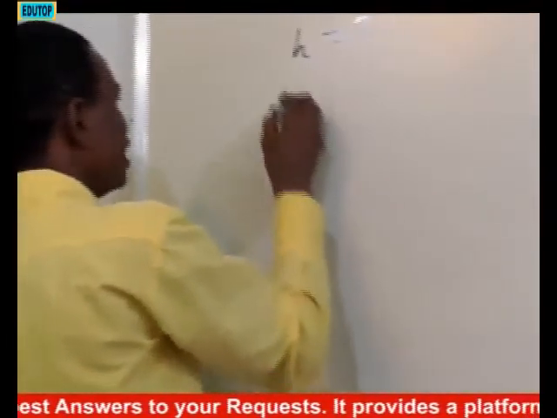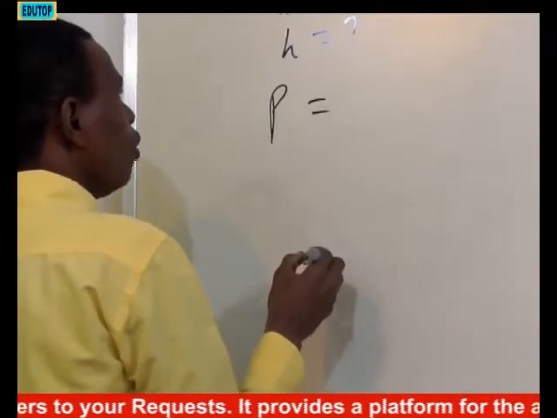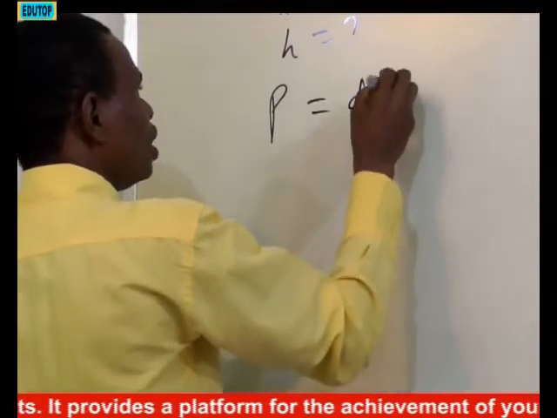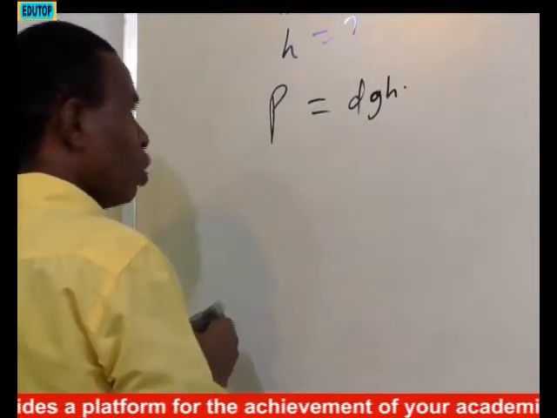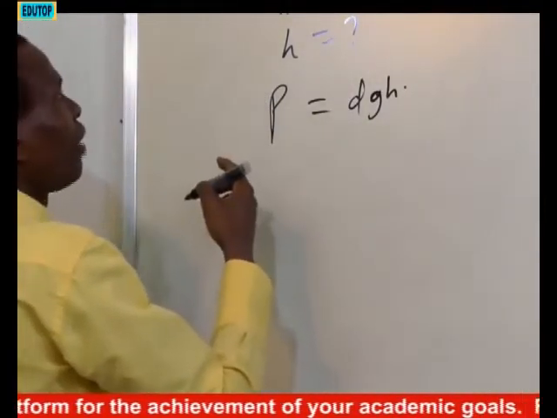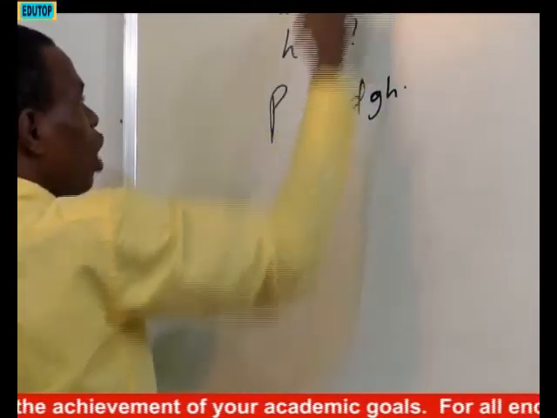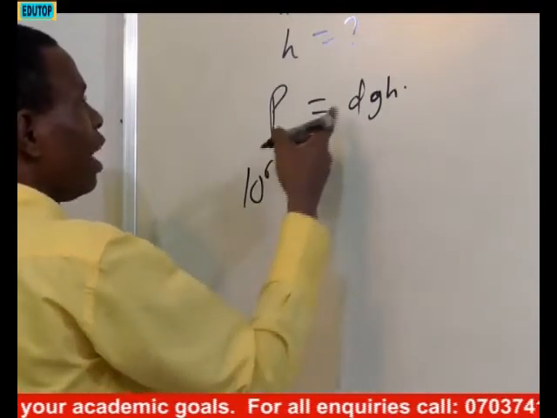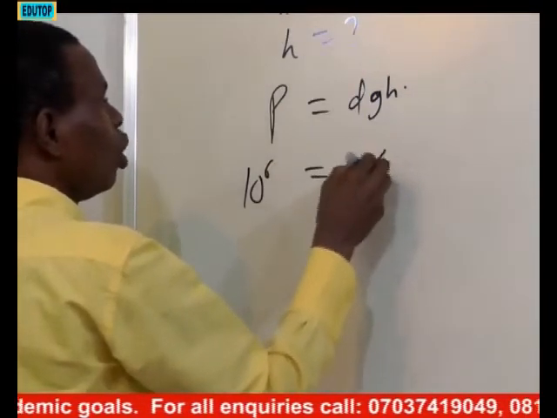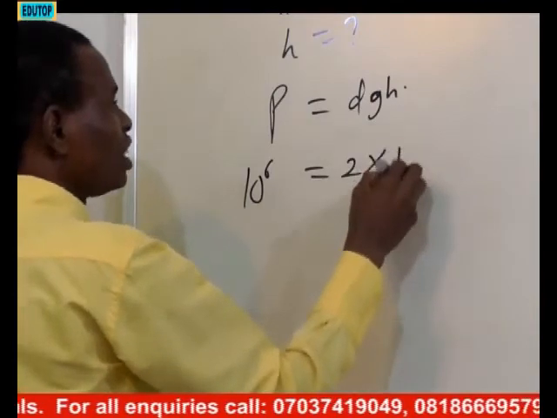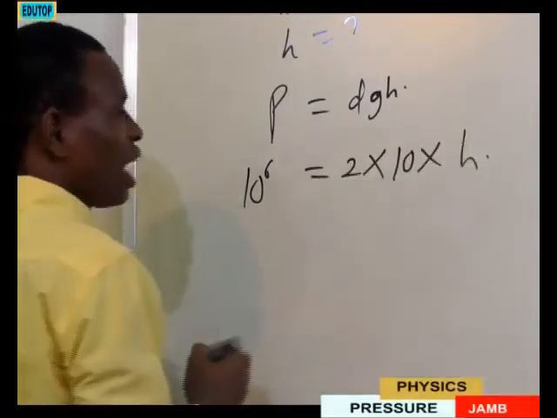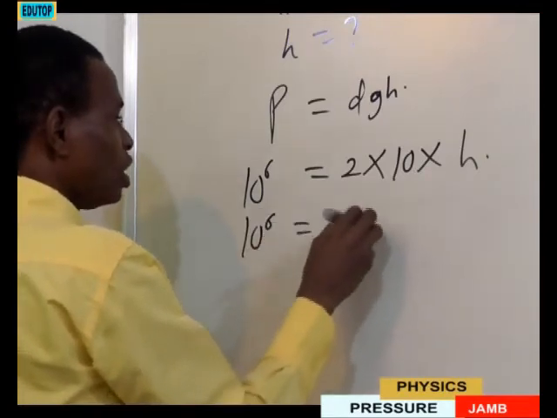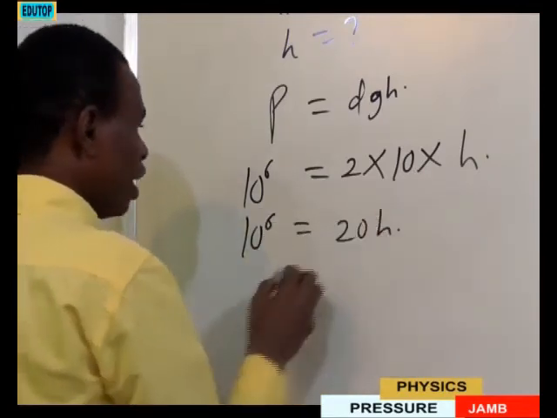Remember we said pressure P is equal to the density times gravity times the height. We are given the value for pressure. The pressure is 10 raised to the power 6, which is equal to the density, which is 2, the value for g, which is 10, and we are looking for the height. 10 raised to the power 6 will be equal to 20h.